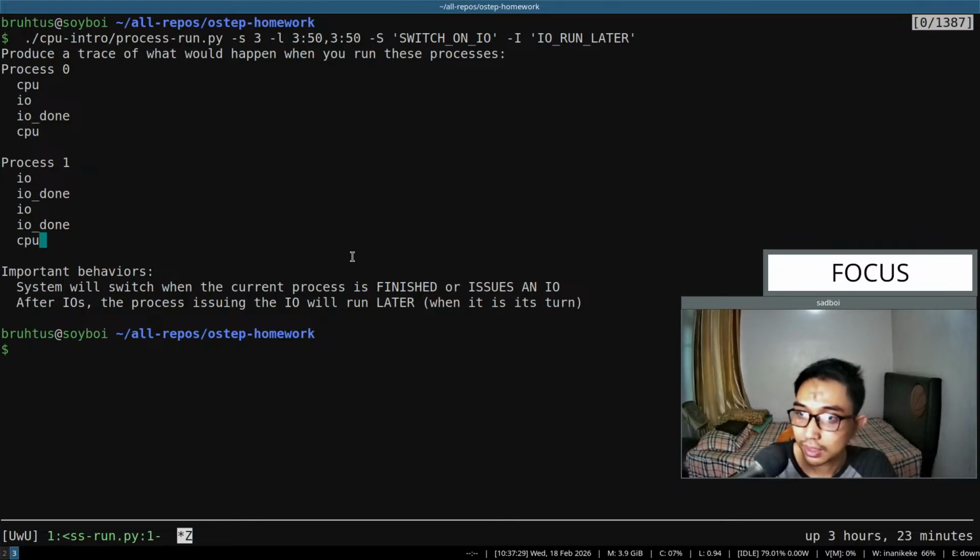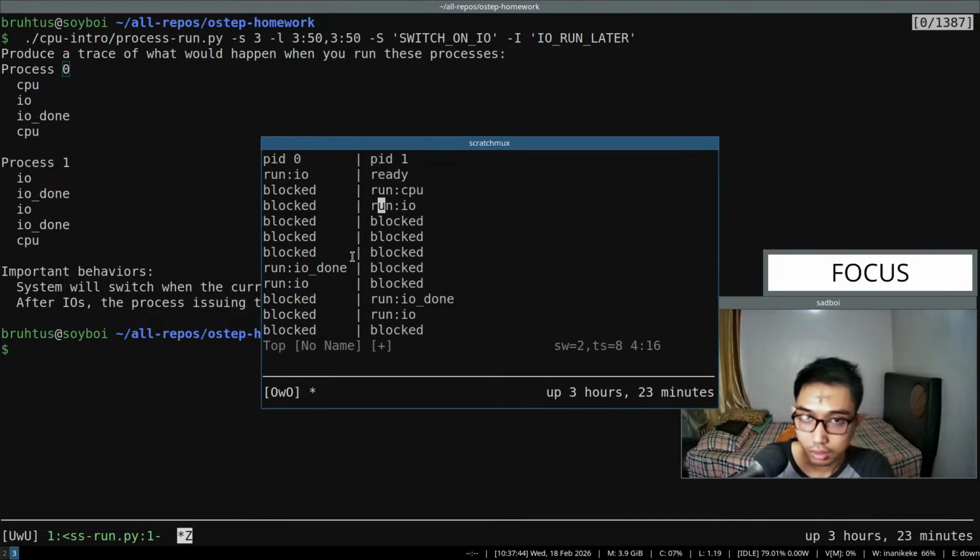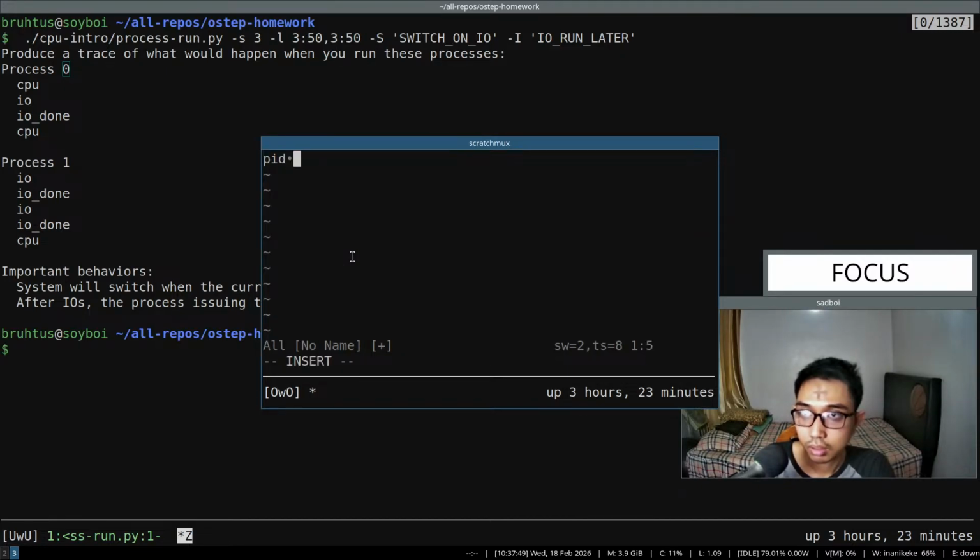Okay. Well. Anyway, about this address. Okay. PID 0, sorry, then PID 1. CPU, input output. Okay.